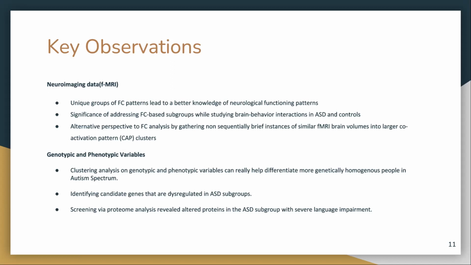In our research with genotypic and phenotypic variables, we found that implementing different clustering analyses on genotypic and phenotypic variables can really help differentiate more genetically homogeneous people in the autism spectrum. Recent studies have demonstrated that subgrouping ASD based on clinical phenotypes is useful for identifying candidate genes that are dysregulated in ASD subgroups.